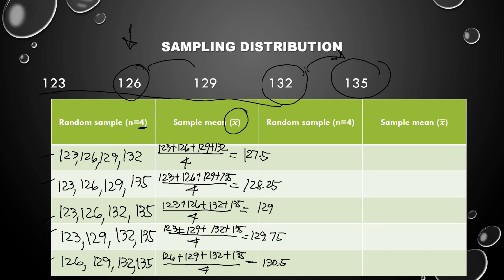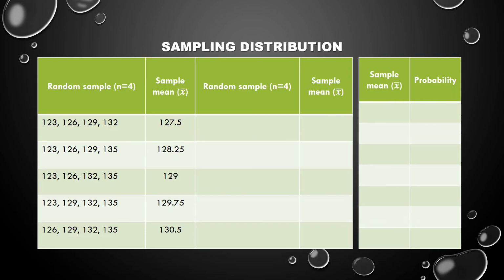So we're now moving to writing or constructing our sampling distribution. And again, this is pretty similar to your discrete probability distribution because we have our x there, but this time our x is the sample mean, the x bar, and we will have our probability for each of the sample means. So here, we are listing down those sample means already.